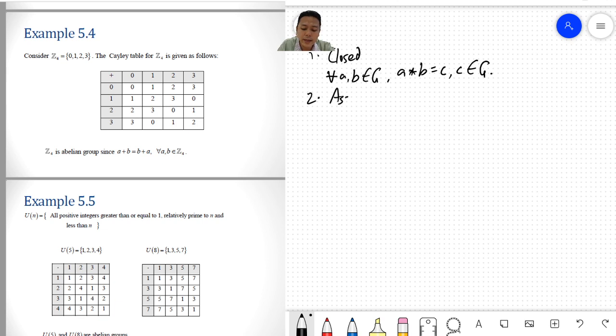For associative, quick recap. For every three elements of G, A binary operation B, you do the front first, will be equal with B binary operation C, you do the back first.